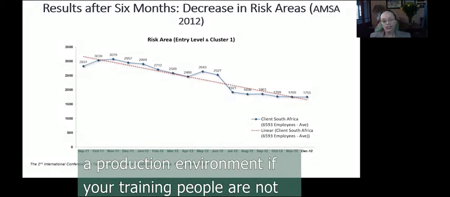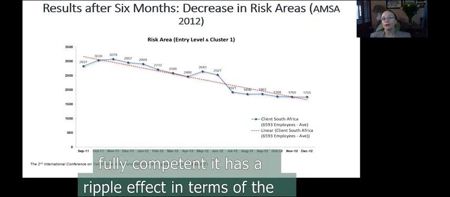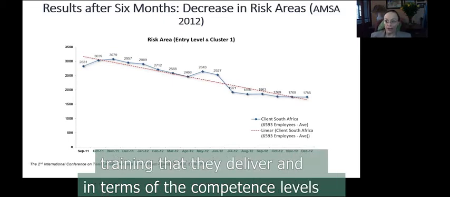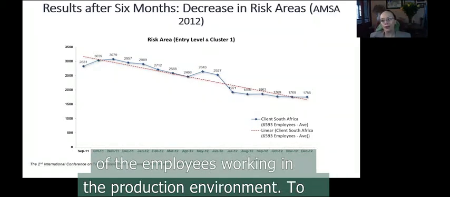Now, in a production environment, if your training people are not fully competent, it has a ripple effect in terms of the training that they deliver and the competence levels of the employees working in the production environment.